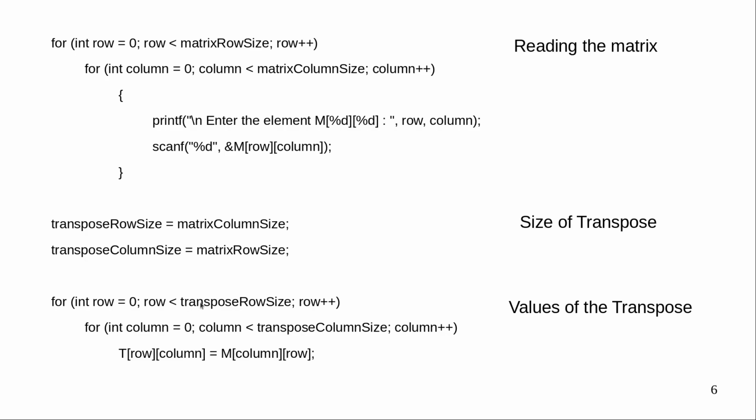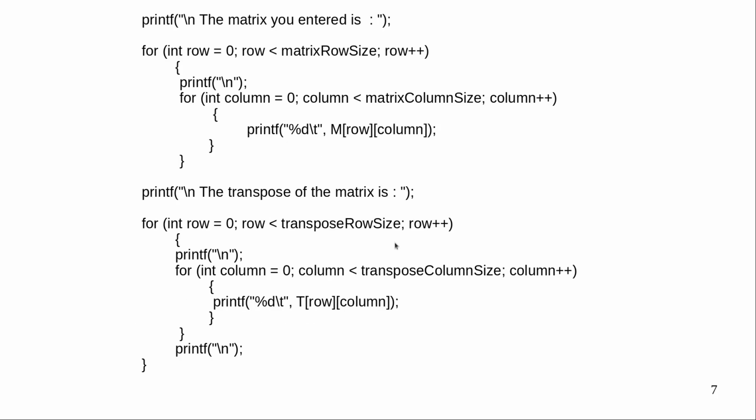Instead of matrix row size, we use the transpose row size, and for the column we use the transpose column size instead of matrix column size. And what is the value for T row column? We get the value from M column row. With these steps we get the values of the transpose.